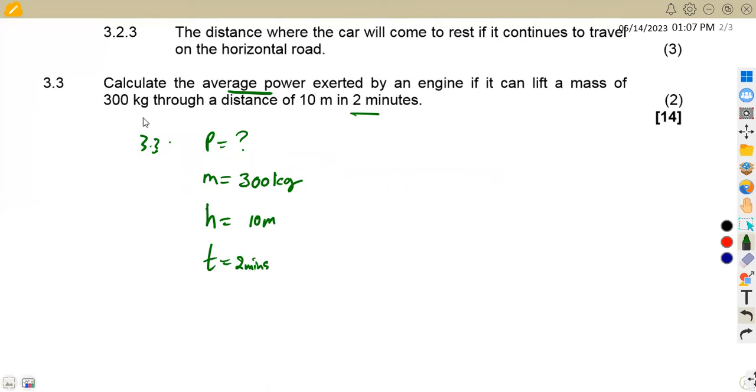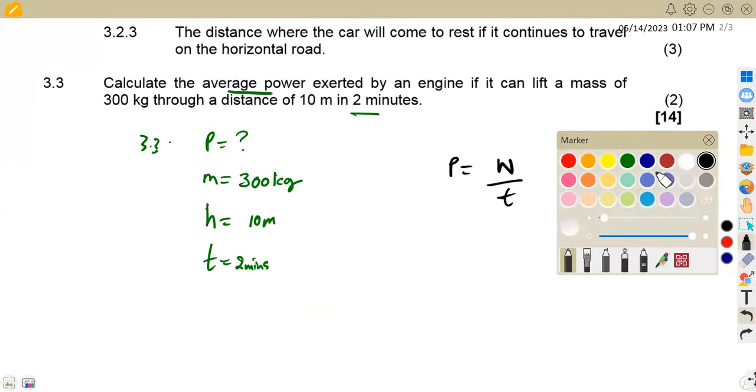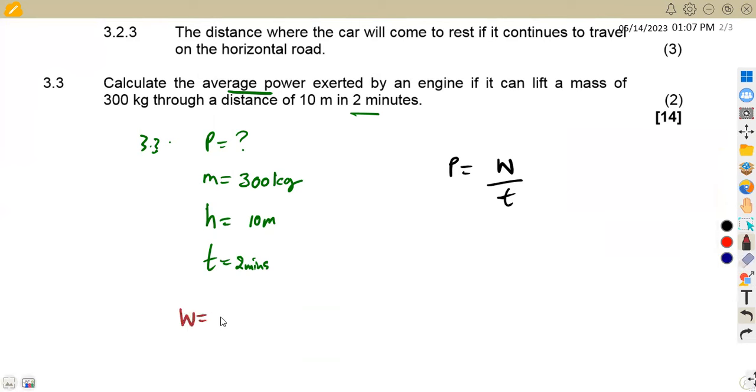All right. So remember that power can be taken from the work done. Remember, power is work done over time. The work done can be calculated from W is equivalent to the force times the distance, or the force times the height in this case, whereby the force is mg, that is weight, times the height.